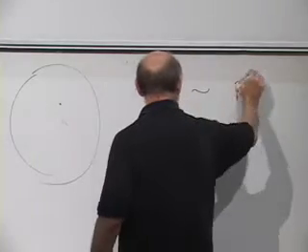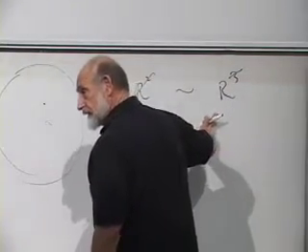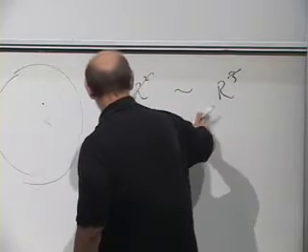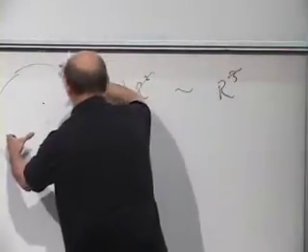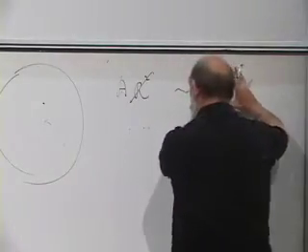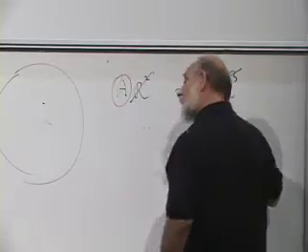Divide by r squared, and we get something proportional to r. That's what we did. The area grows as r squared, the mass grows as r cubed, and therefore the gravitational field grows with r.